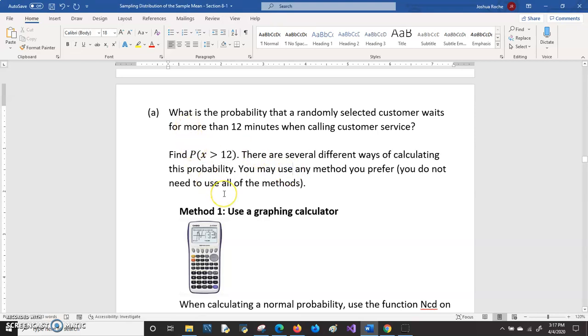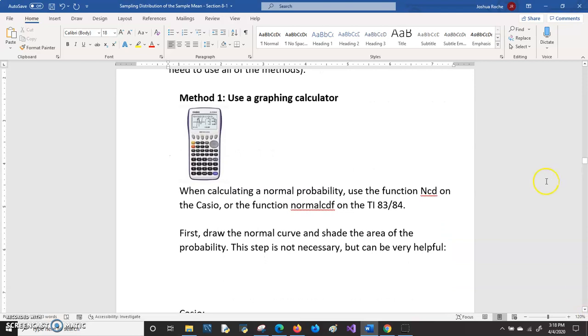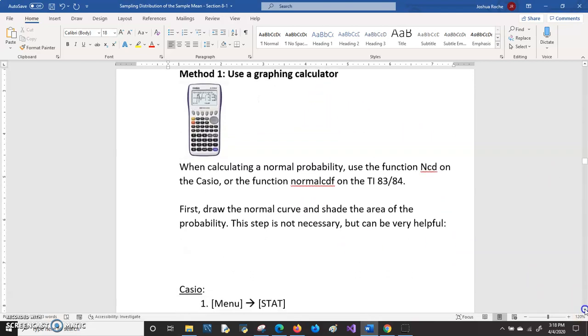This part A is actually exactly the same as what you would do in chapter 7. Notice that there's no mention of a sample mean or a sample. They're just talking about one randomly selected customer. So just like in chapter 7, you could use a graphing calculator as one way to solve this.